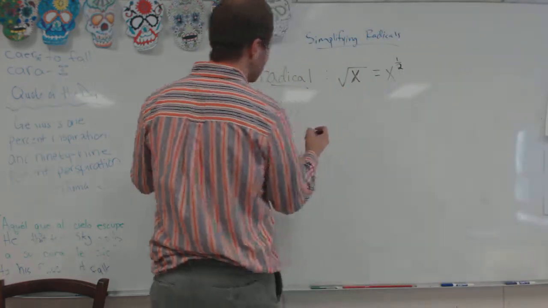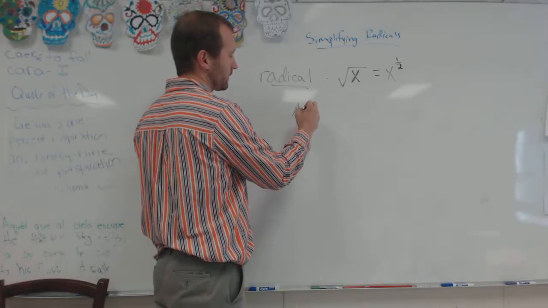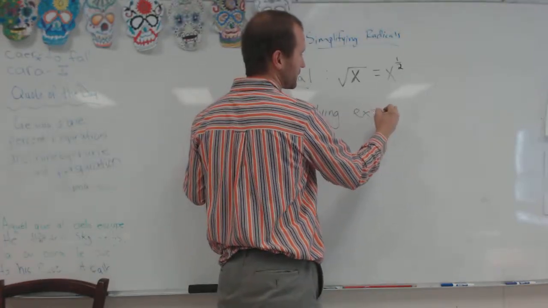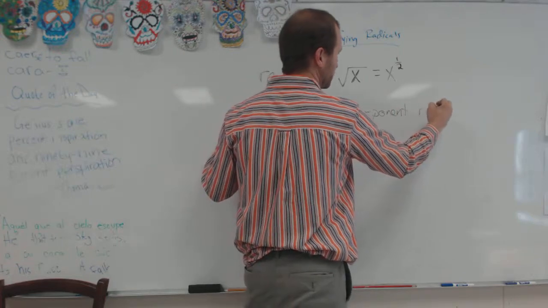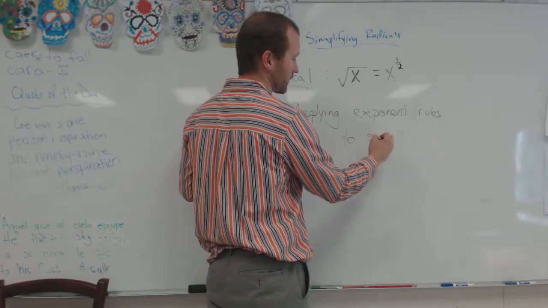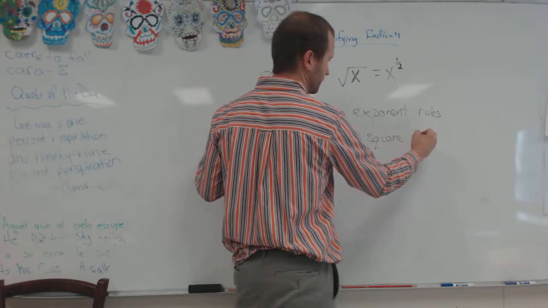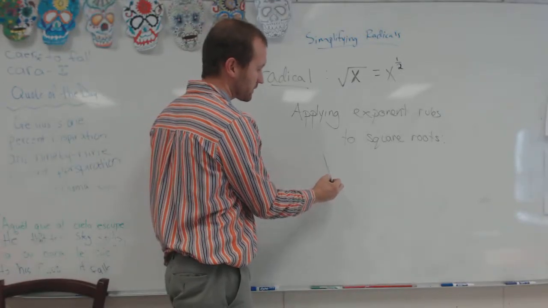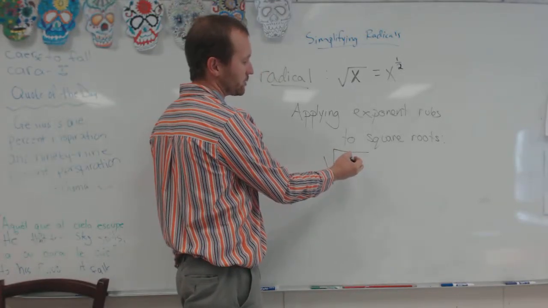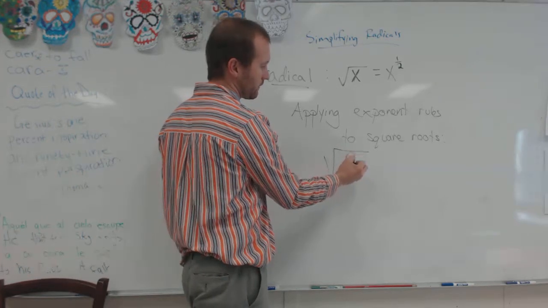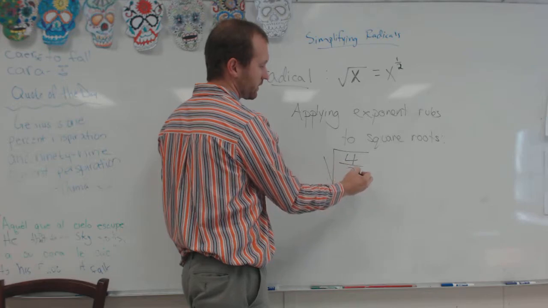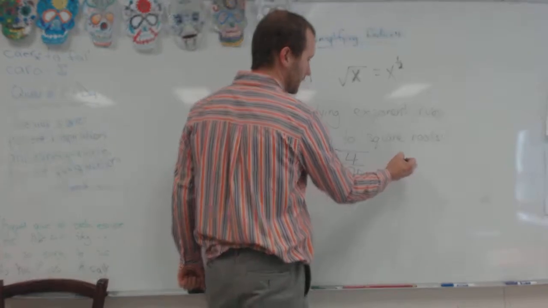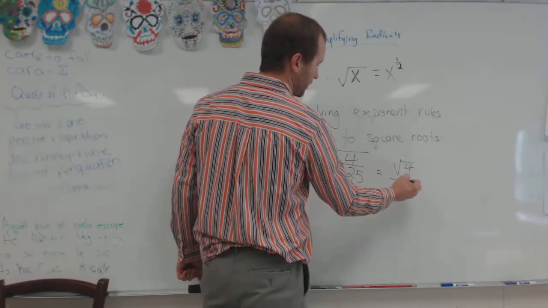Okay? So let's give some examples of that. Applying exponent rules to square roots. If I had the square root of a fraction, like 4 over 25, that's the same thing as the square root of the numerator over the square root of the denominator.